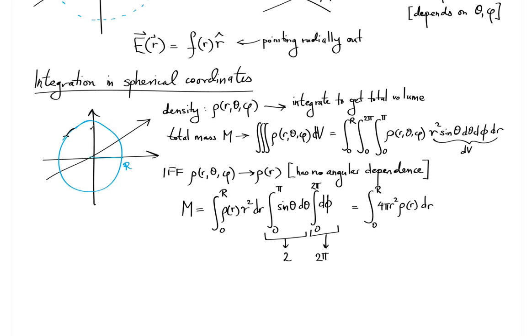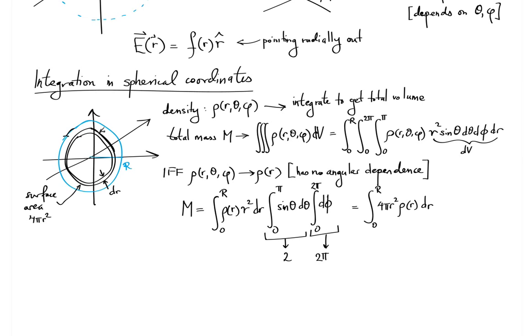Let's imagine I have a spherical shell here of radius little r, and it has some thickness dr. Kind of a lumpy sphere, but it'll do. So this thing has a thickness dr, and it has a surface area 4 pi r squared.